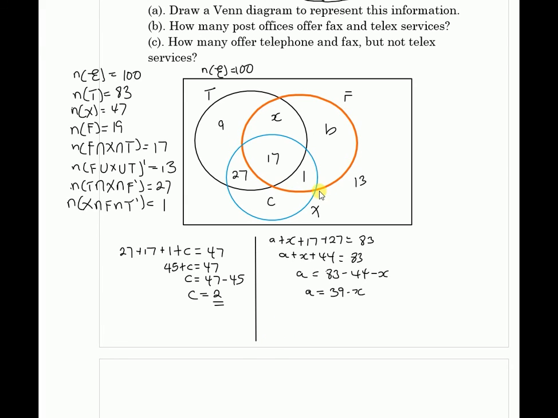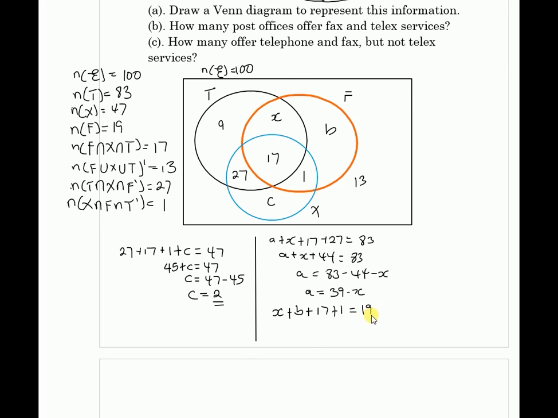We shall also add everything here, and we equate it to the set for F, which is 19. X plus B plus 17 plus 1 is equal to 19.